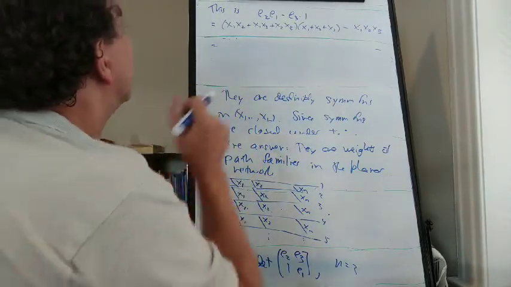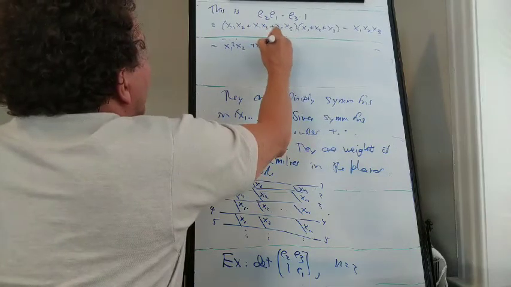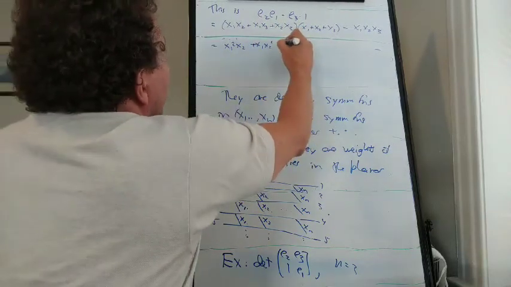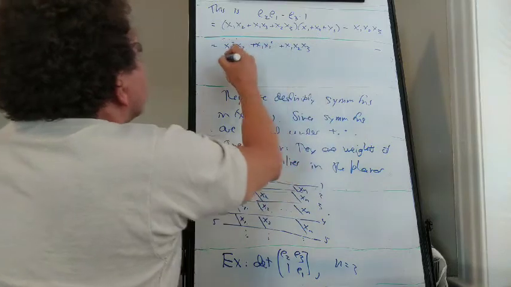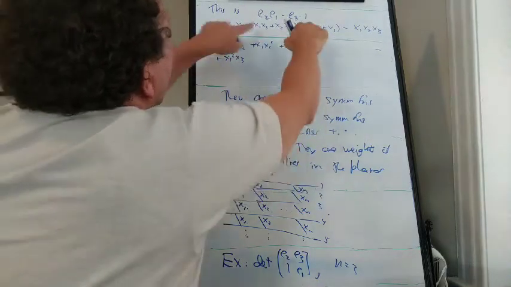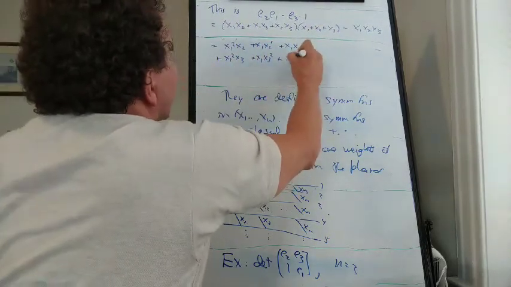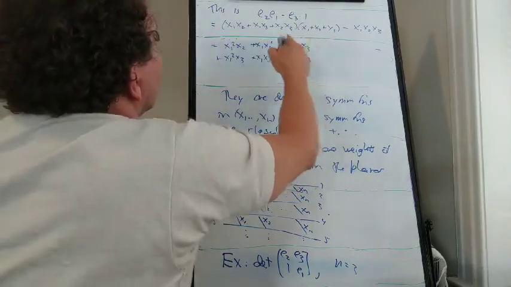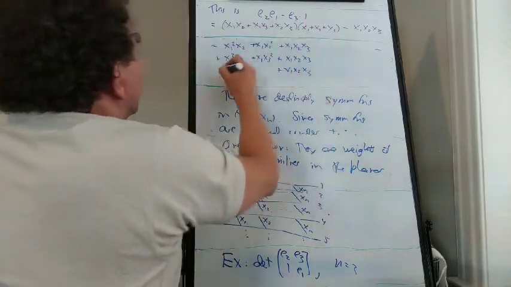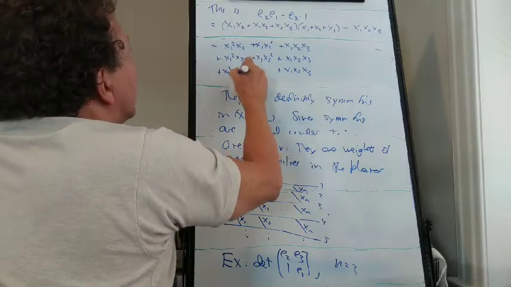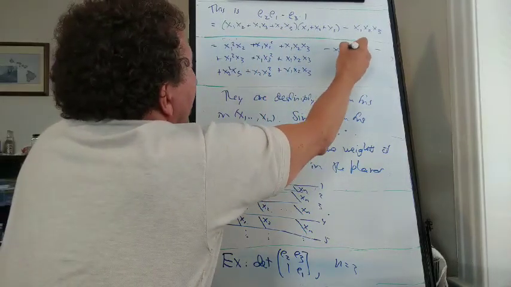So this is x1 squared x2 plus x1 x2 squared plus x1 x2 x3 plus x1 squared x3 plus x1 x3 squared plus x1 x2 x3 plus x2 x3 x1, that's plus x1 x2 x3, plus x2 squared x3 and x2 x3 squared, all of this minus x1 x2 x3.